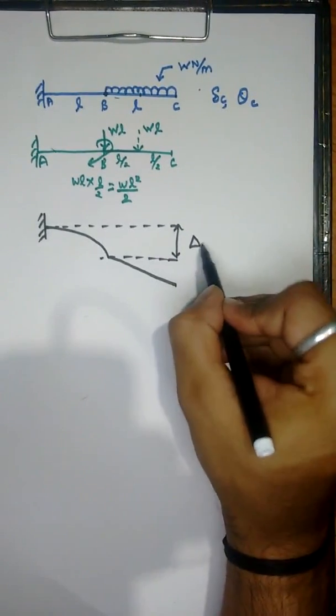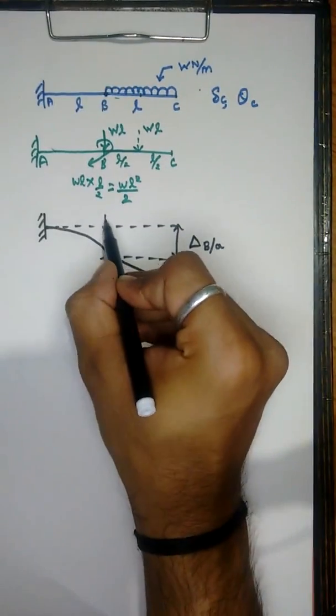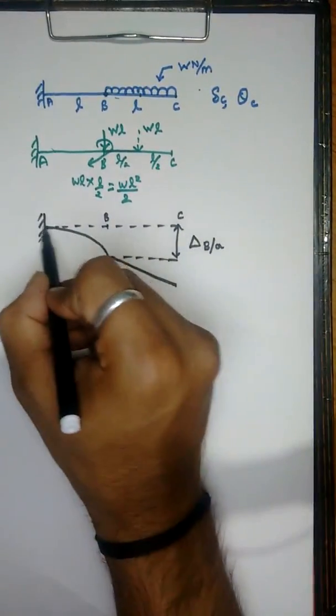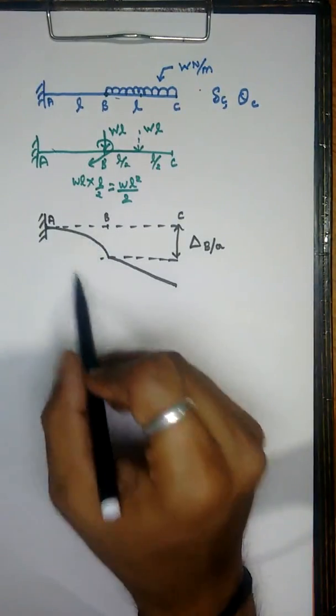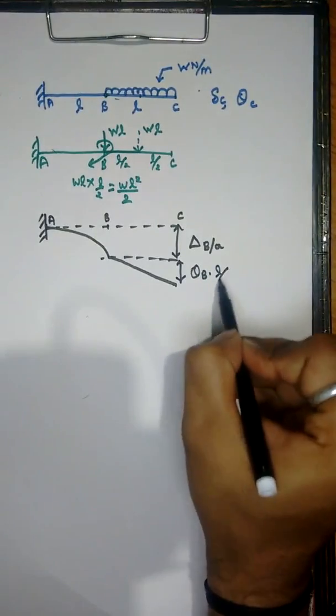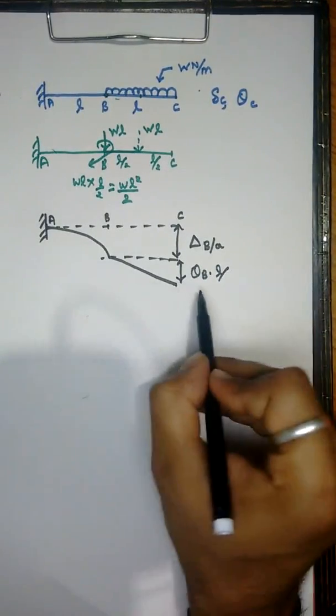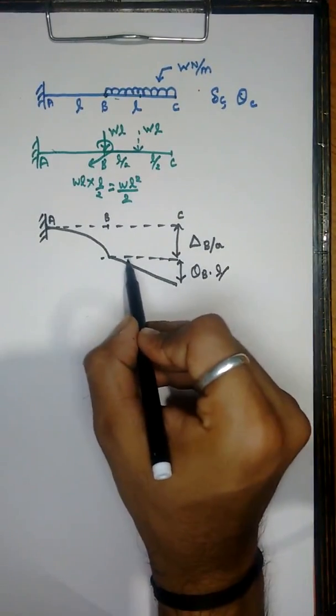This is delta B with respect to A, the deflection of B with respect to A. This is B, this is C, this is A. And this is theta B into L, because this is theta B.